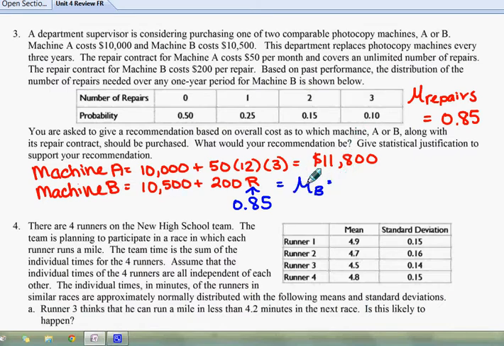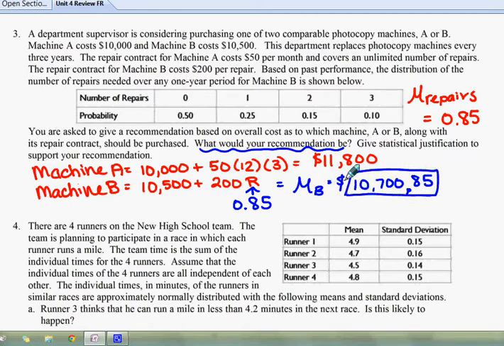So for the expected value of machine B, I can just plug that in, and I come up with $10,785. So, which do we expect to be more expensive, or which do we expect to be a better purchase? My recommendation would be machine B, simply because the expected value of cost is lower than for machine A.